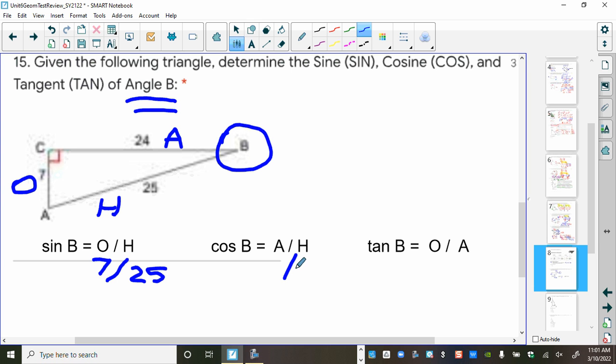What over what? 24 over 25. Yup. And then the last one. What over what? What's our O? 7 over 24. Good. So that's sine of B, cosine of B, tangent of B. Questions?